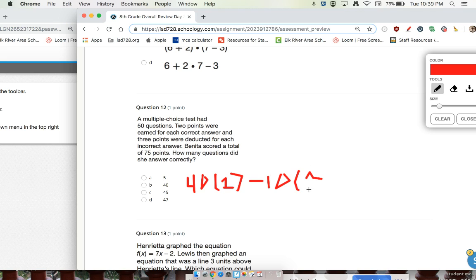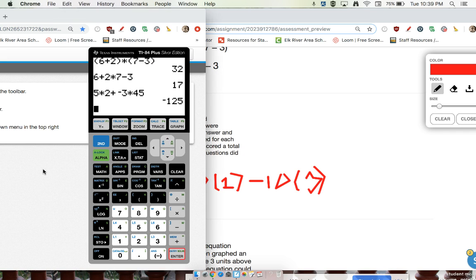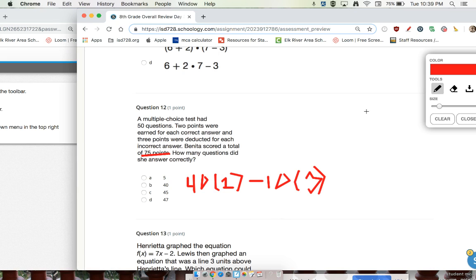Or you could do the same. This is minusing 10 times 3, the same as plus a negative. So that would be 40 times 2, 80. Take away 30 is 50. And she's supposed to have 75 points. But I'll just show you that in the calculator. 40 times 2, take away 10 times 3. And yep, that's the 50.